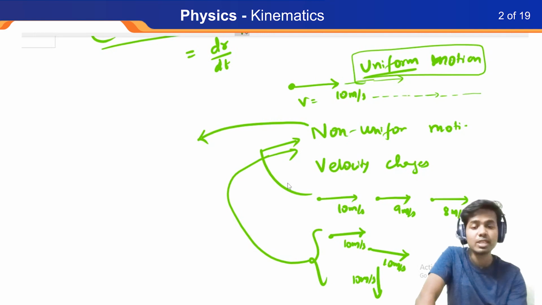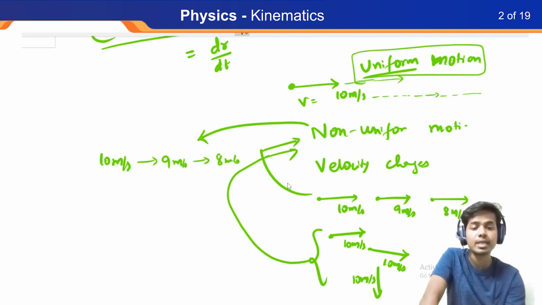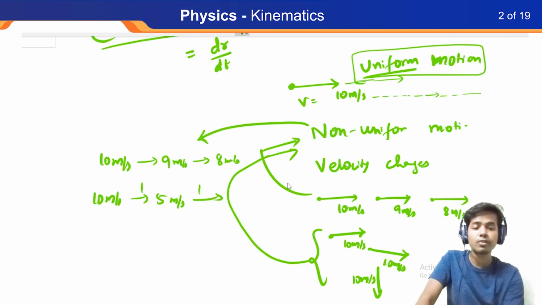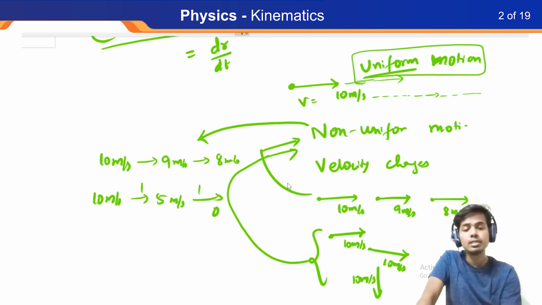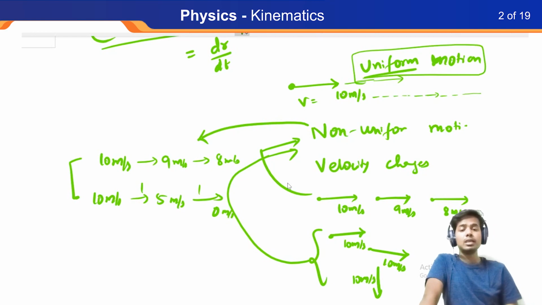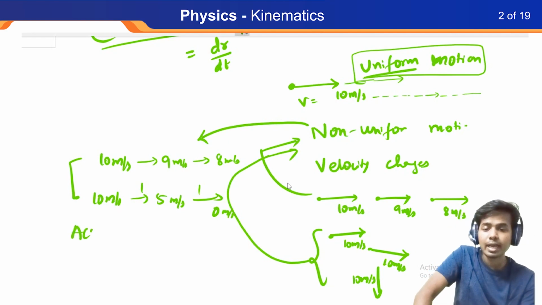Is the velocity changing something like it was 10 meter per second, and then after 1 second it becomes 9 meter per second, after 1 second it becomes 8 meter per second, but in another scenario 10 meter per second and it gets to 5 meter per second after 1 second, and after another second maybe it is getting to 0 meter per second or any other velocity. In these two, of course the velocity is decreasing, but the rate of change of velocity, or with what pace the velocity is changing, is different.